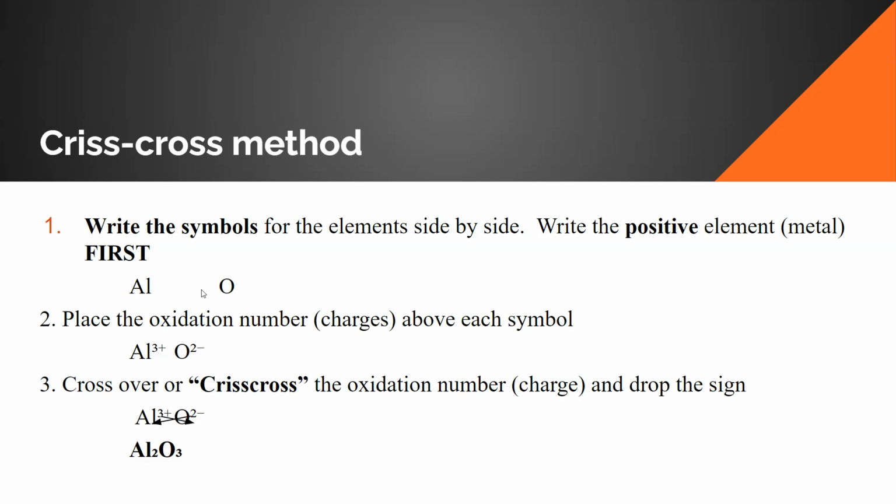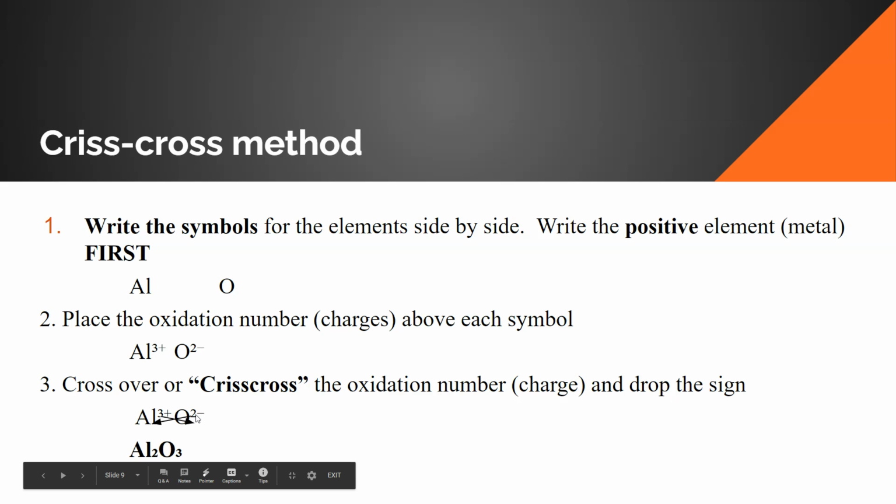You write the metal and then the nonmetal element, or if it is a polyatomic ion, you write that. You write their charges, and then you're going to crisscross.